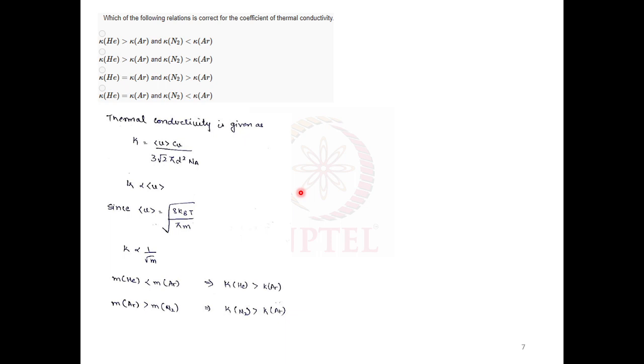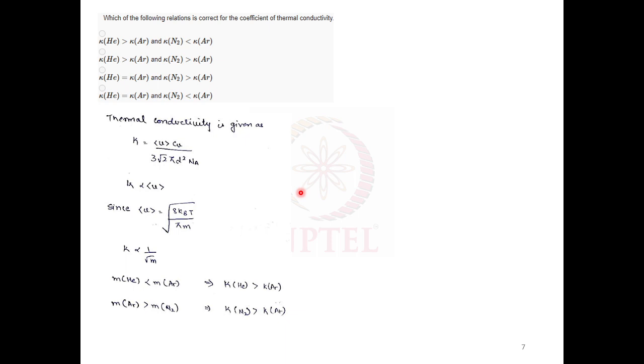Mass is more means less average velocity, as a result of which the thermal coefficient will also be less. These are the things one should take care of during the examination. Let's say they give xenon and radon; radon is radioactive, so that comparison may not be made.